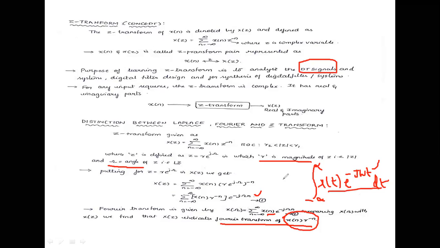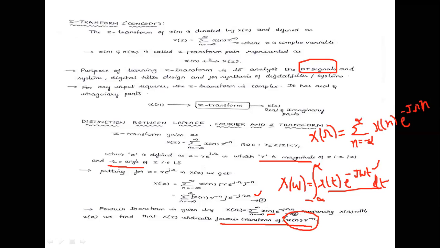Now instead of the integral of x of t, I take the continuous x of t as the discrete time signal x of n, with e to the power minus j omega n. This is the Fourier transformation equation for the discrete case.